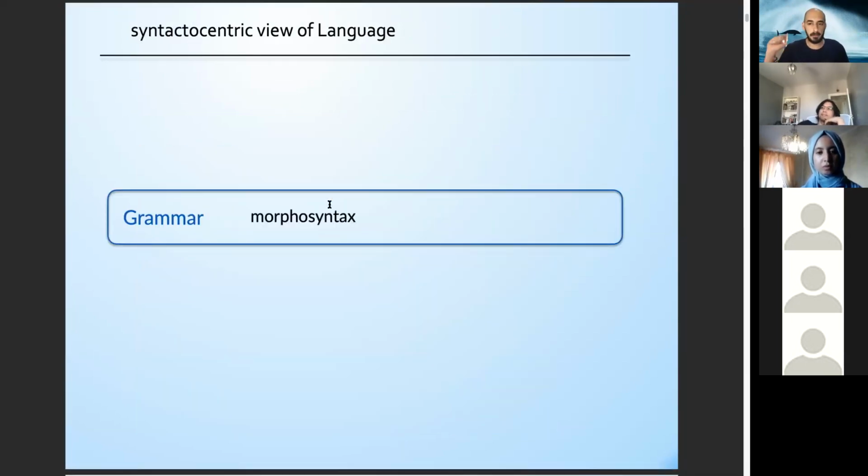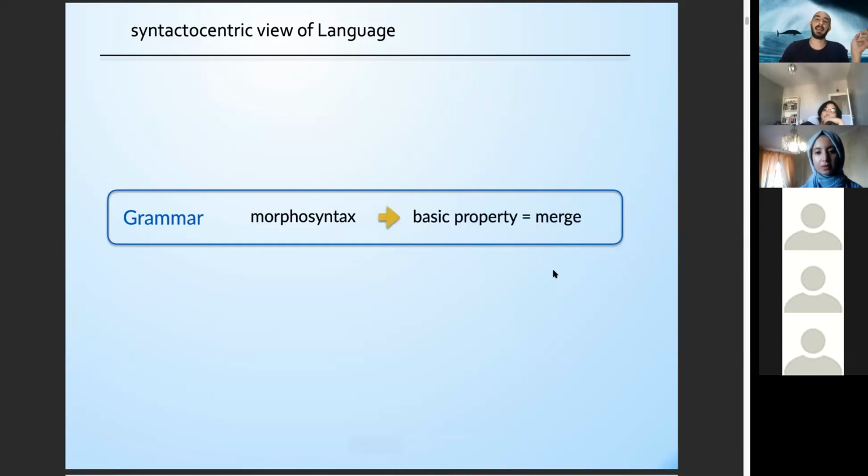I'm going to give you an example of a syntactocentric view of language, which is quite familiar in East Coast linguistics, especially around Cambridge, where Yasu took his PhD, for instance.